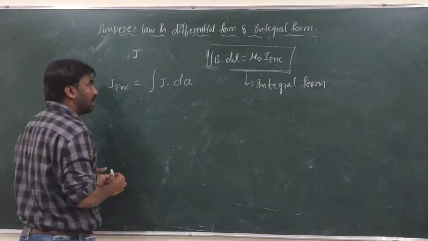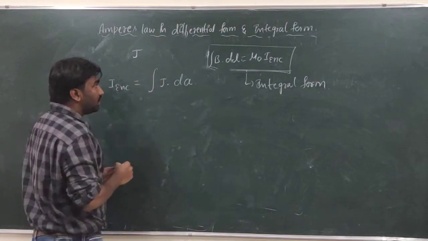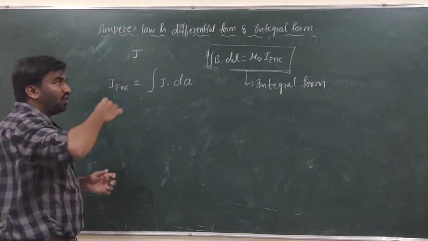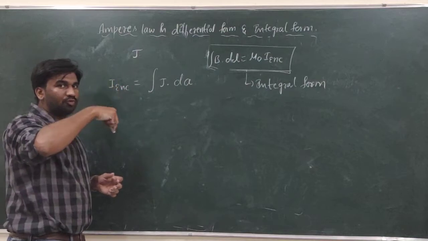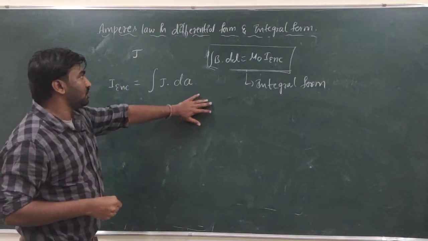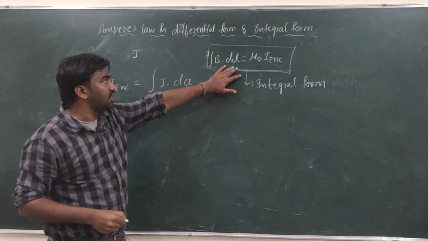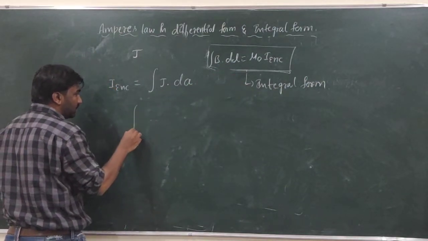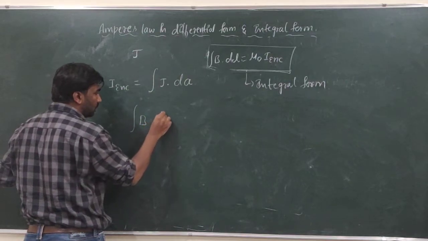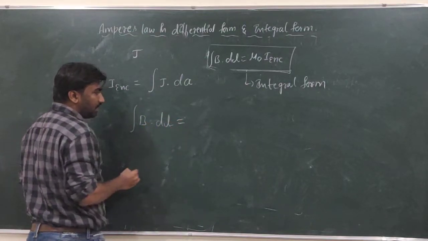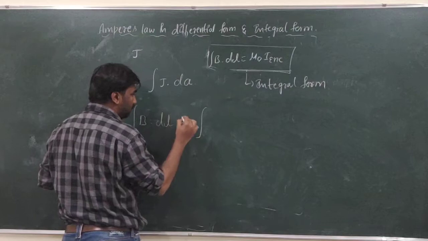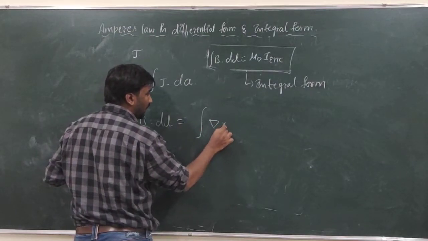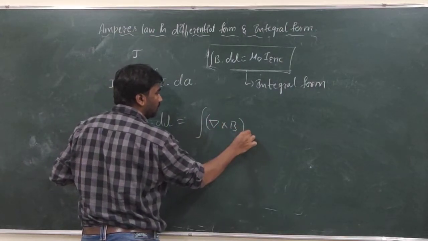Next, if our closed loop forms a surface, then by using Stokes theorem we can convert this line integral into a surface integral. So integral B dot dl can be converted, by using Stokes theorem, into the integration of del cross B dot dA.